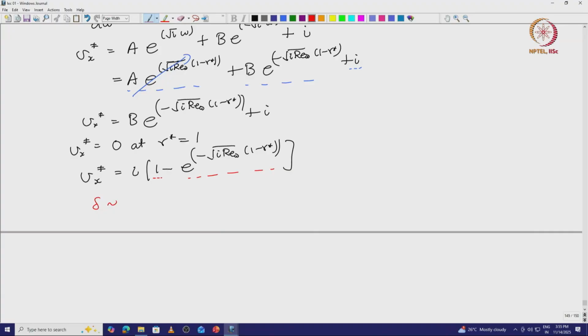The thickness of that region was obtained from the condition that in the limit as the Reynolds number becomes large, this term is comparable to all the other terms in the equation, and we found that the boundary layer thickness was 1 over Re omega power half.